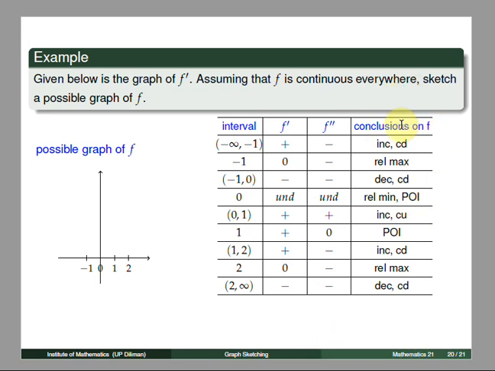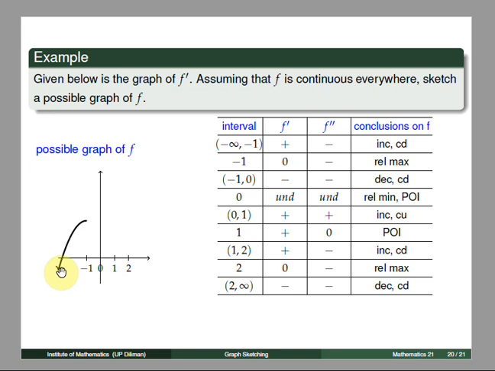For example, from negative infinity to -1, we have this part. Why? Because from negative infinity to -1, we are increasing and concave down. So we can only do that if we are going up and then concave down. So this is the part of the graph on the interval negative infinity to -1.